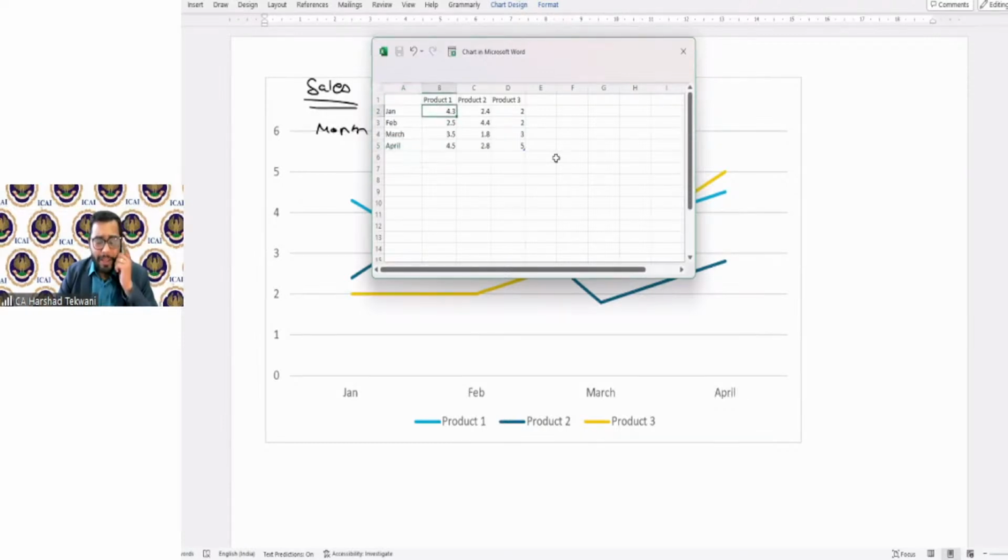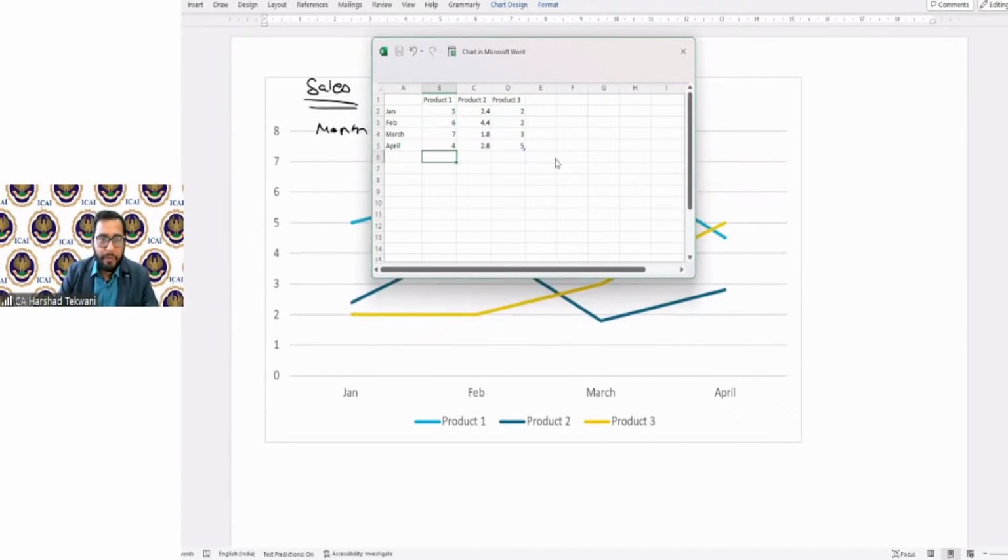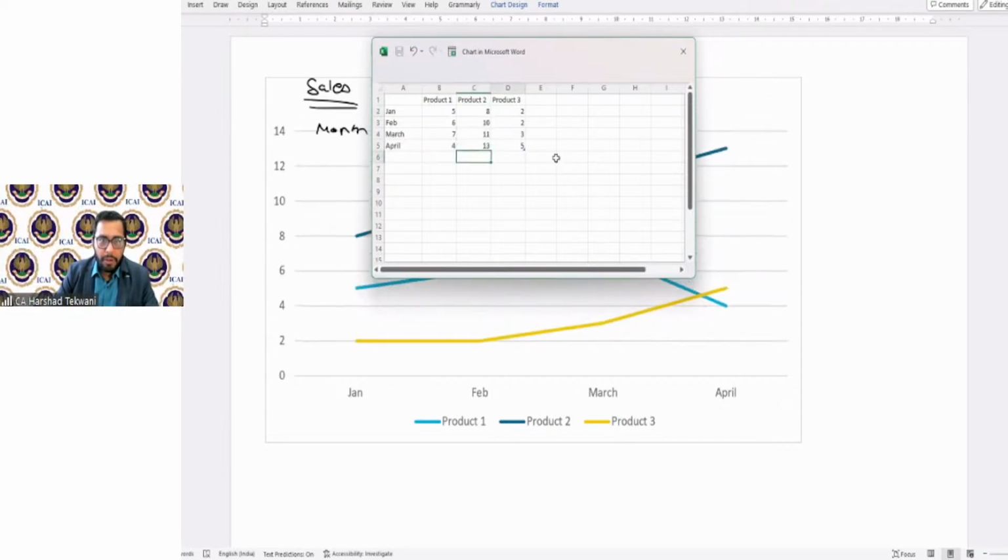Let's say you were expecting that the sale will increase from month to month: 6, 7, 4, 8, 10, 11, 13, 6, 7, 8, 10. Now let's say this is a particular data.